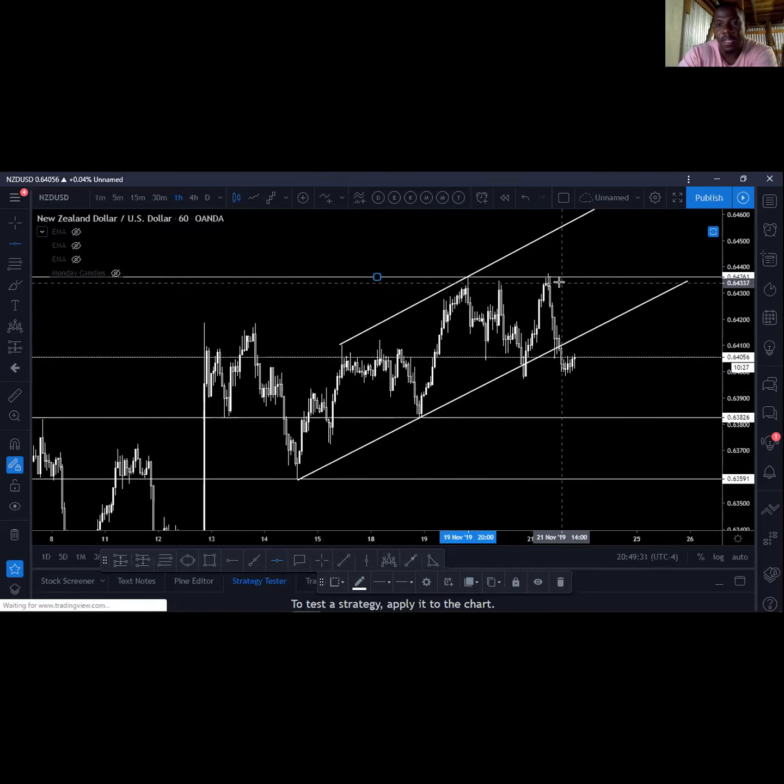Always remember the definition: an area where the market was heading down and failed to break below and turned around. All right, when the market turns around at a particular area, it will give you a swing. That's why these swing points are very good for marking your support and resistance.